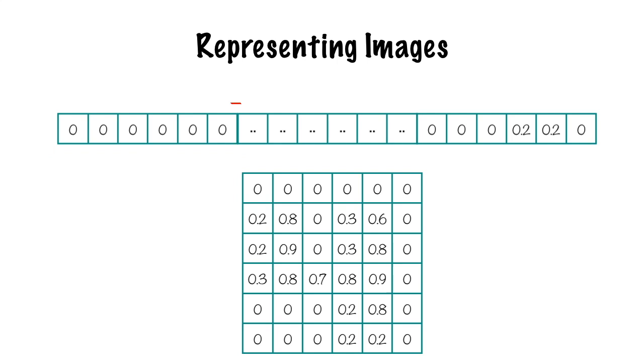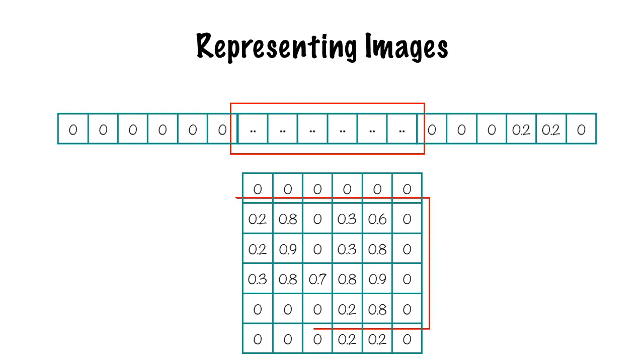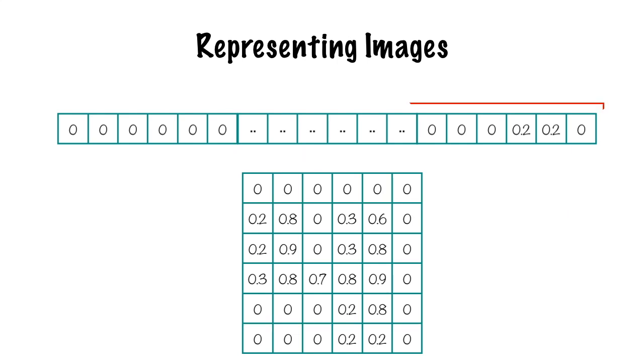But now when we switch to the second row, or all of the rows in between, we are losing the fact that those rows are stacked together. We are losing the fact that some of those pixels are very close together when represented in a two-dimensional format, but very far away from each other when represented in a flattened one-dimensional format.